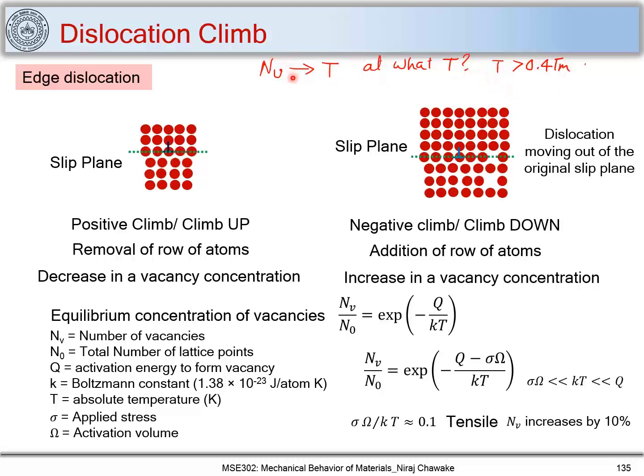The concentration of vacancies increases when the temperature is more than 0.4 Tm, and thus, let me write it down again, climb becomes important at elevated temperatures, and it is also called a thermally activated process.